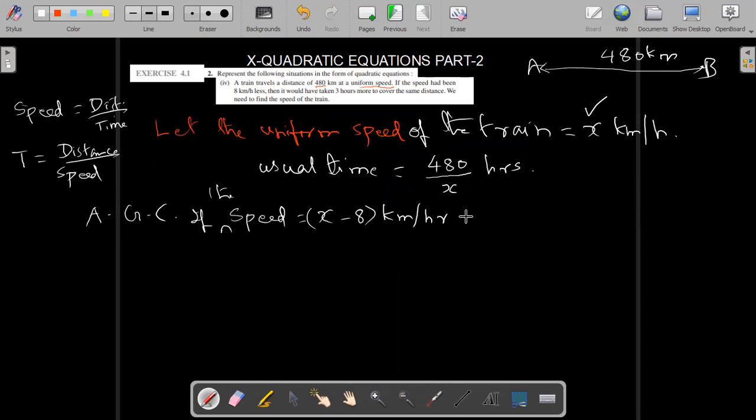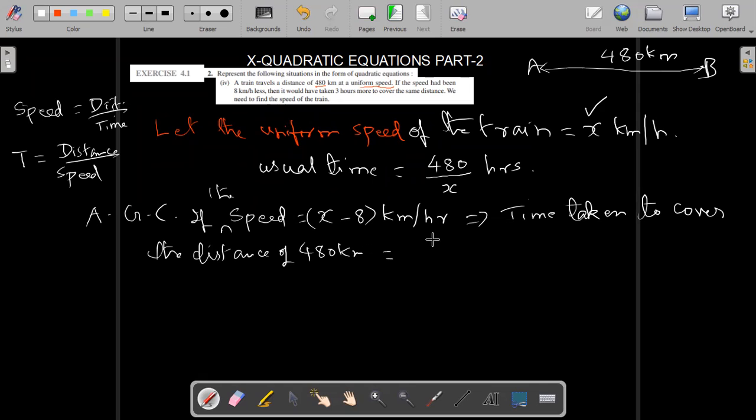Speed we have. So if it goes with this speed, what will be the time taken to cover the distance of 480 kilometers?